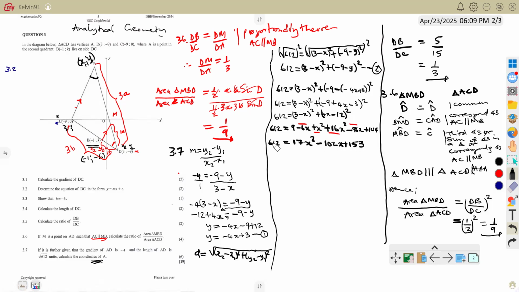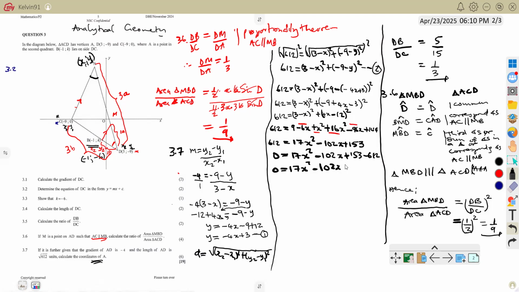Then you take this one to this side. So it means your 0 is equal to 17x squared minus 102x plus 153 minus 612. So in standard form, it's 17x squared minus 102x.